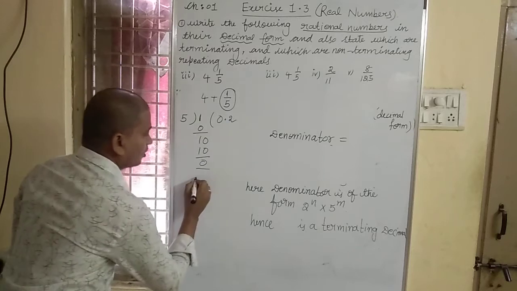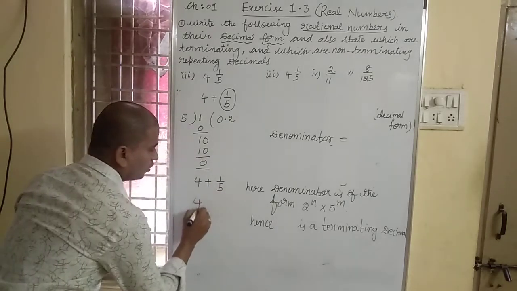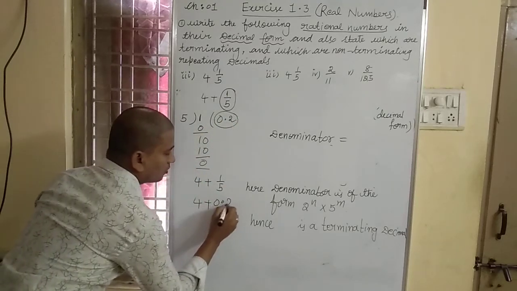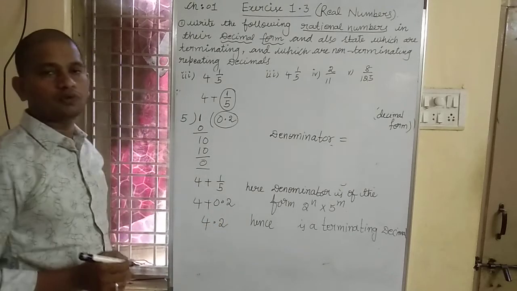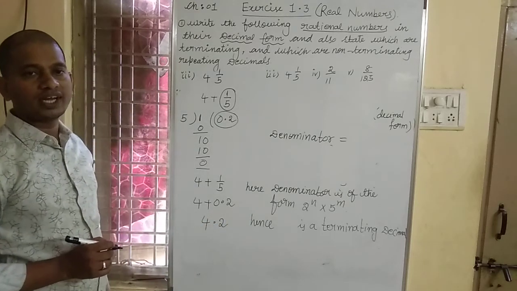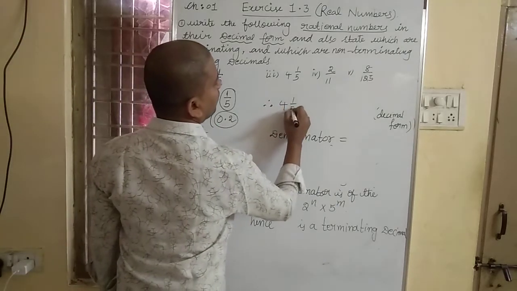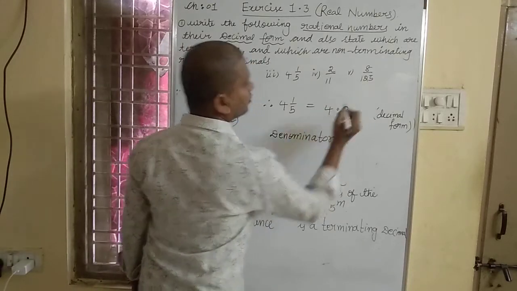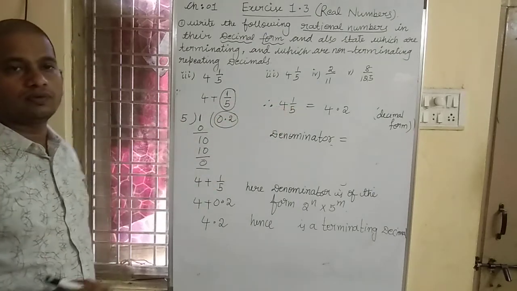So we have 4 plus 1 by 5, which means 4 plus 0.2, which is 4.2. Therefore, what is the decimal form of 4 and 1 by 5? It is 4.2.